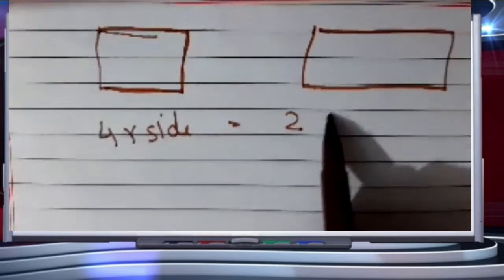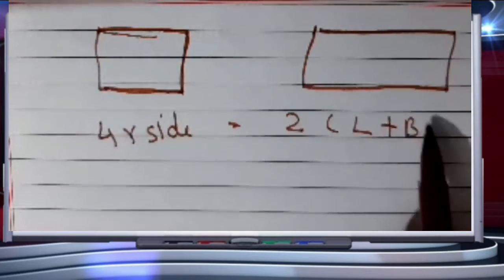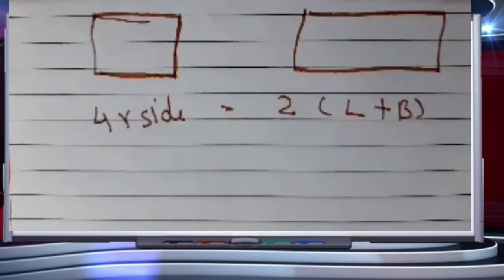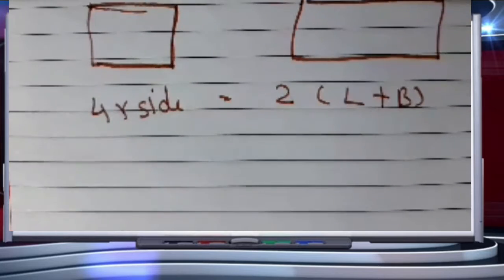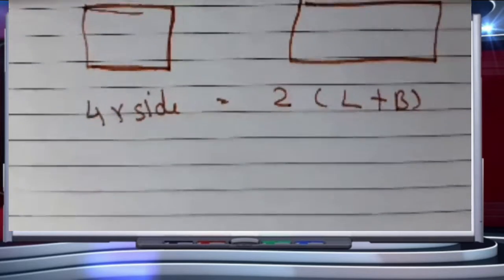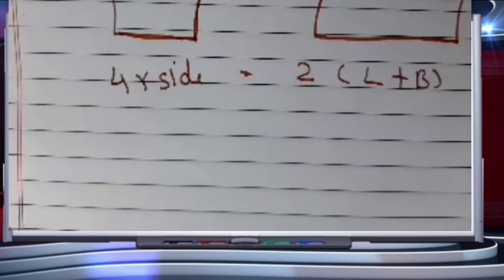Perimeter of both the plots are same. So perimeter of square is 4 into side, and perimeter of rectangle is 2 into L plus B. Here it is given perimeter of both is same. You have to find out the area and then we have to tell which is having the greater area and by how much.